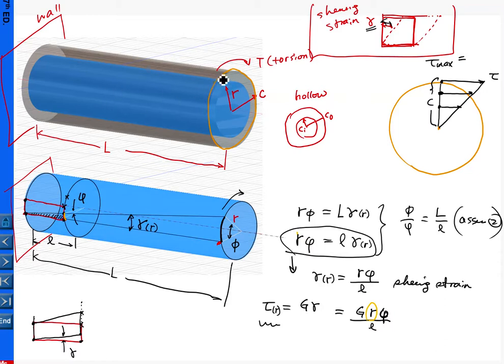So from here, we can see for a shaft under pure torsion, the maximum shear stress is always on its outer surface. The minimum will be at the center for a solid shaft, or for a hollow shaft, the minimum will be at the inner core. So at any distance, say this distance is r, then tau equals this one here.